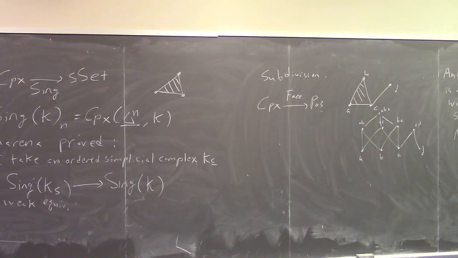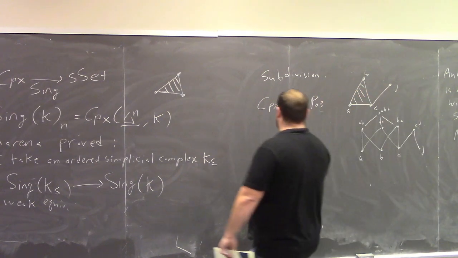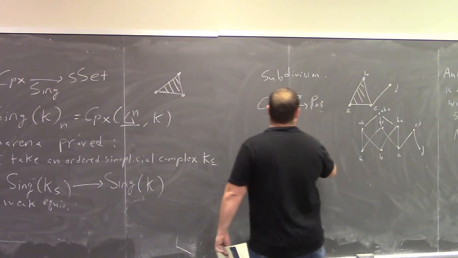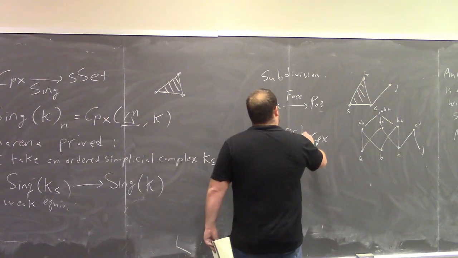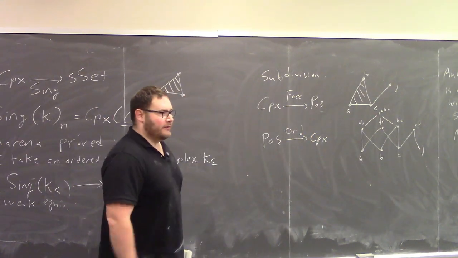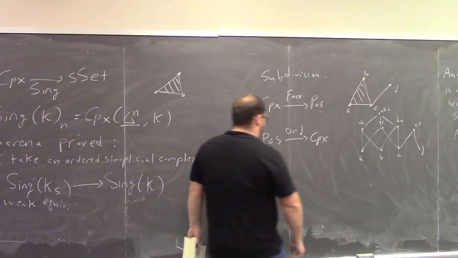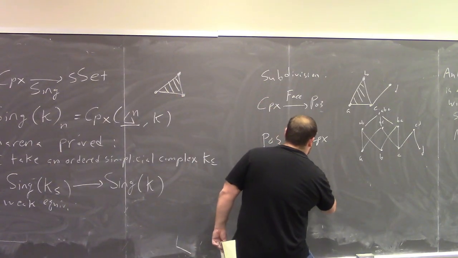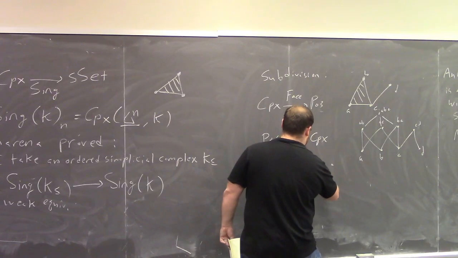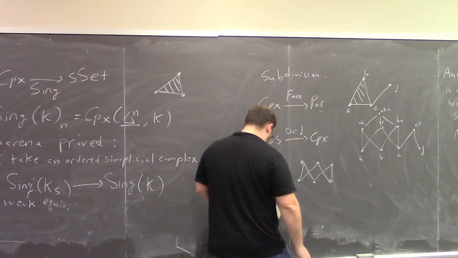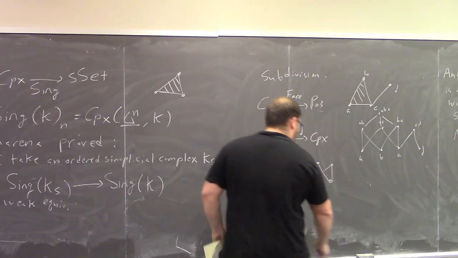Looks like you recovered it. And then I have a functor the other way, the order complex of a poset. Here, if I have a poset, let's see, which one did I use here?